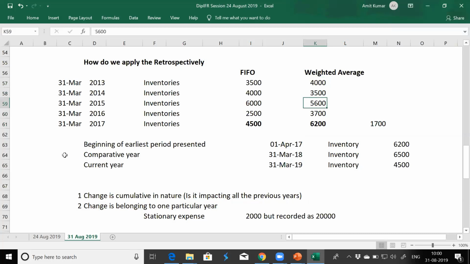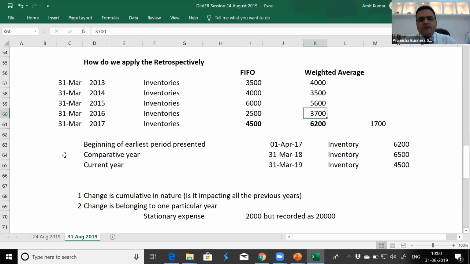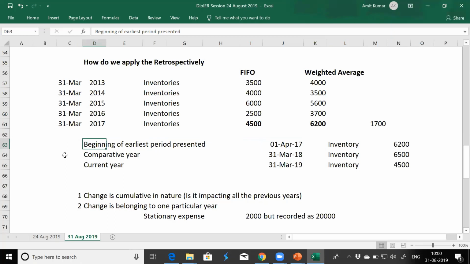Then we would have adjusted in all of them. But we do not have any option of presenting all the balance sheets till date. We are required to present only 3 balance sheets. So the only option left to us is that we make the adjustment in the beginning of the earliest period presented balance sheet. Understood. Got it.